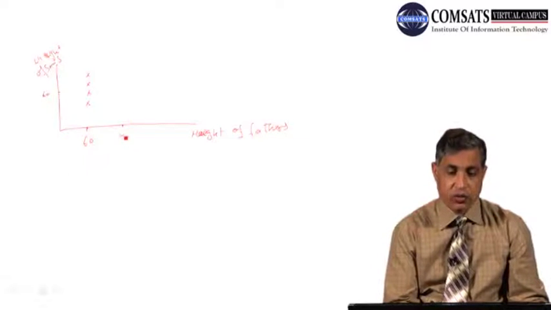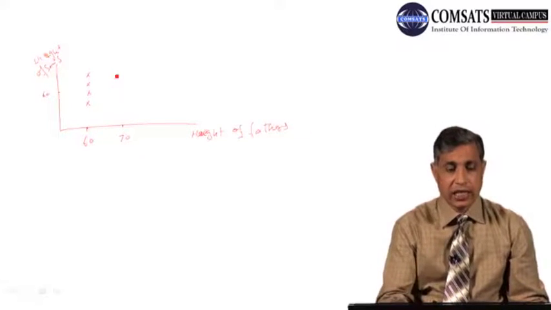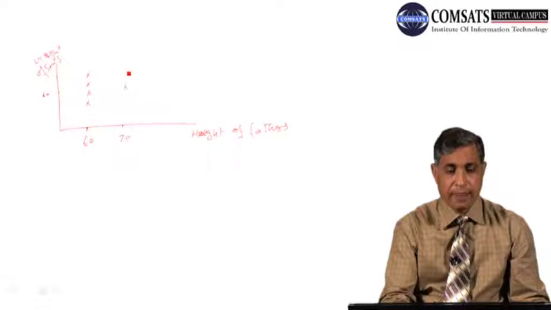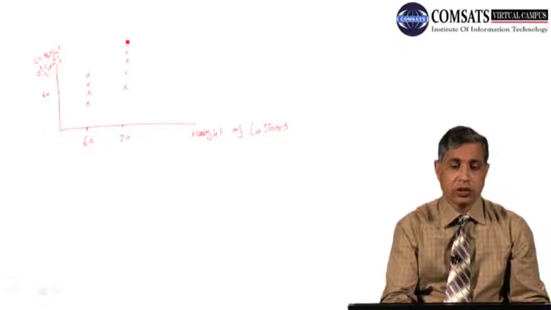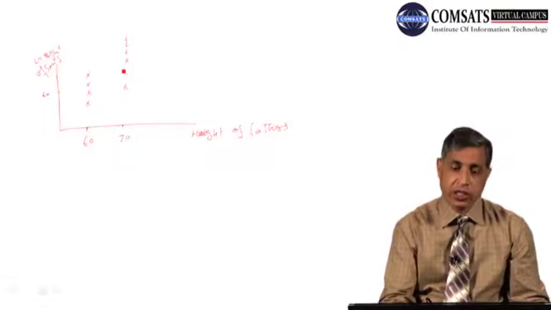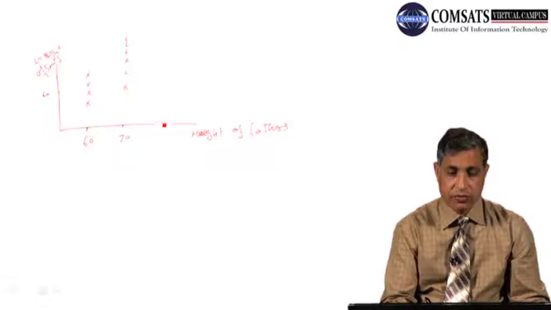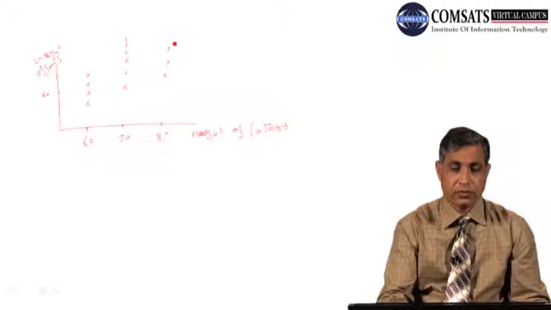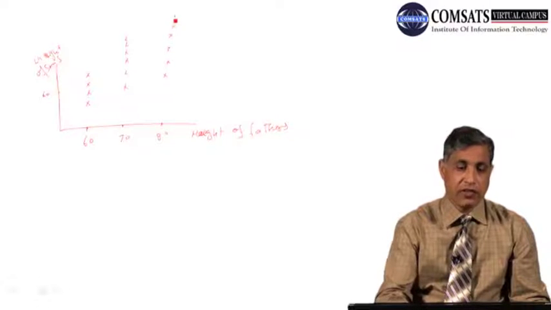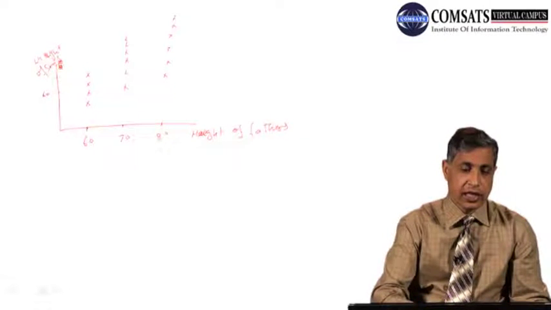If there are fathers whose height is 70, there are their sons, many sons, I can take 10 families. Then there is also 80, and they have their sons too. The values are also increasing here. This is 60, this is 70 and this is 80.